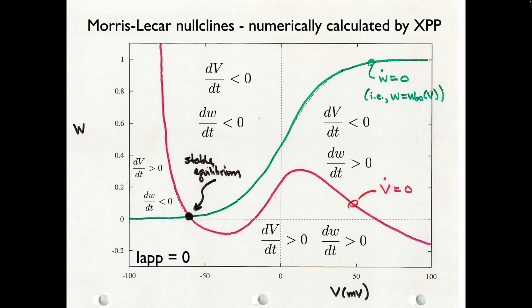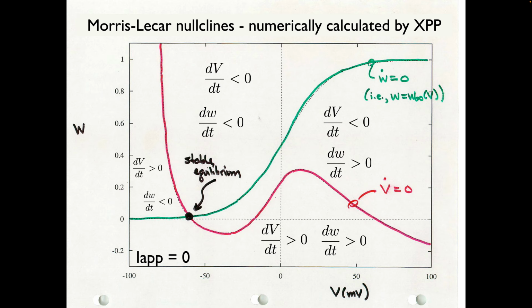Now you can numerically or analytically figure out the sign of the rate of change of each of the dynamic variables in these different quadrants of the phase plane.